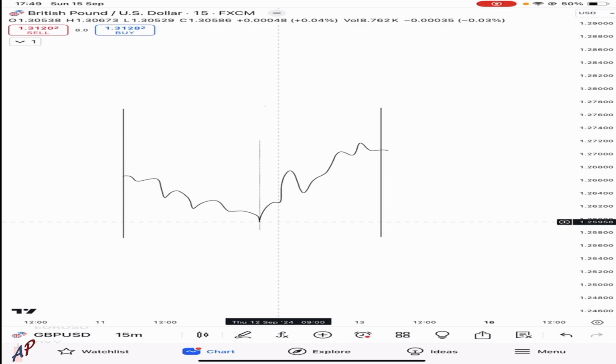Otherwise, it will be a choppy candle, so avoid trading it.